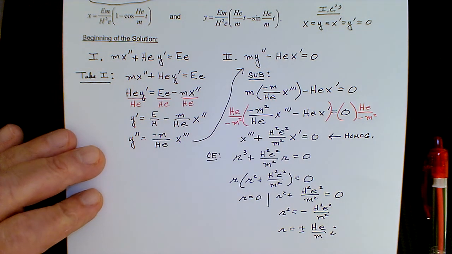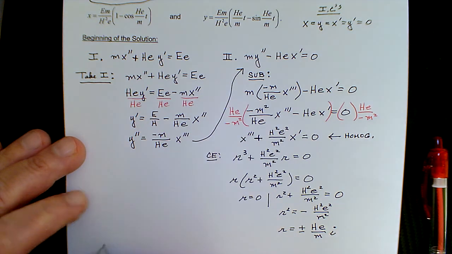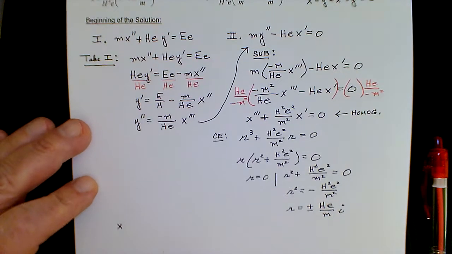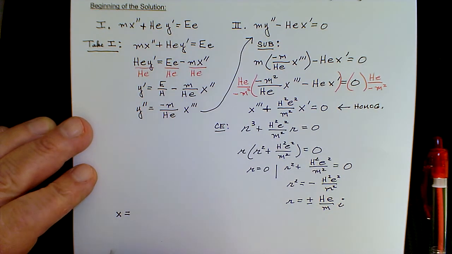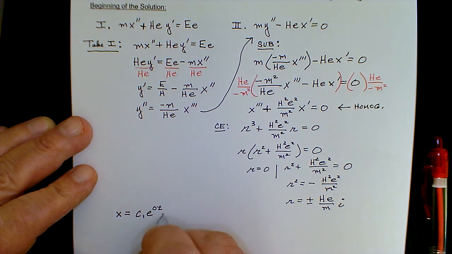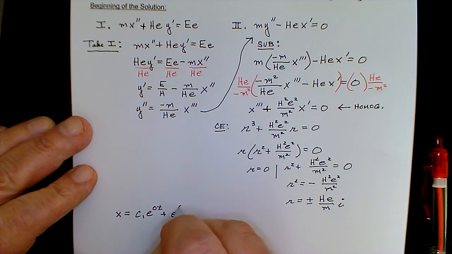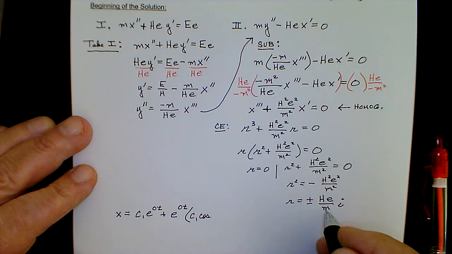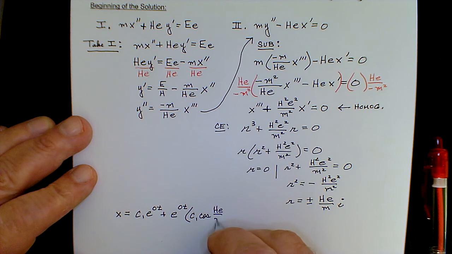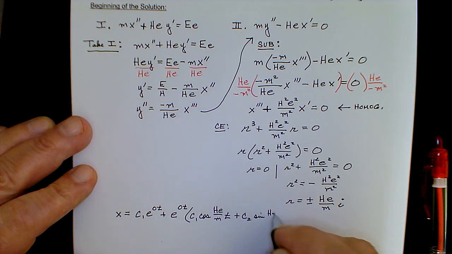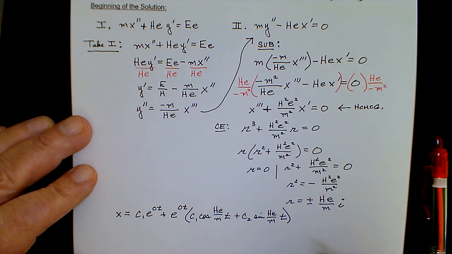Okay, so now for the general solution, x will be equal to, from the real root of 0, c1 e to the 0t, and then plus, these are complex conjugate pairs, a plus bi, which have the form e to the at, so e to the 0t, because a is 0, times c1 cosine bt, where b is h e over m times t, and then plus c2 sine of that same h e over m times the t variable.